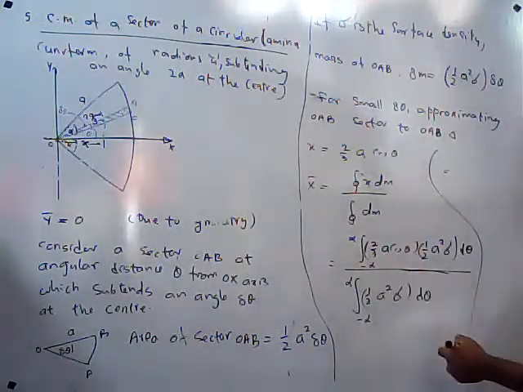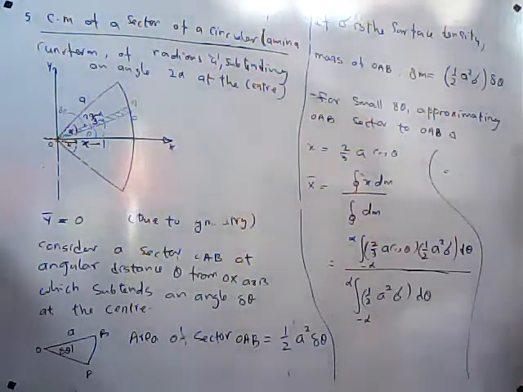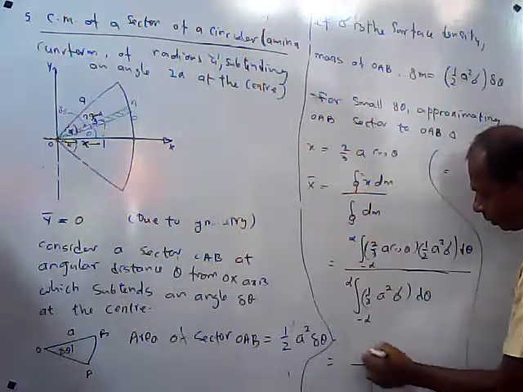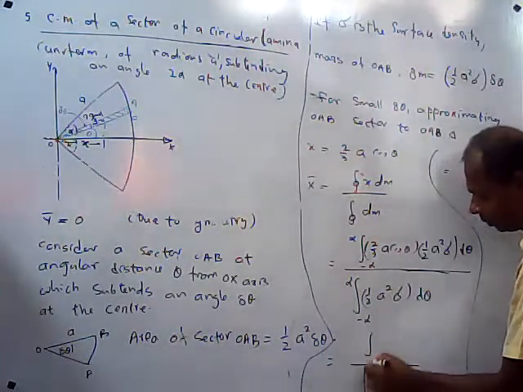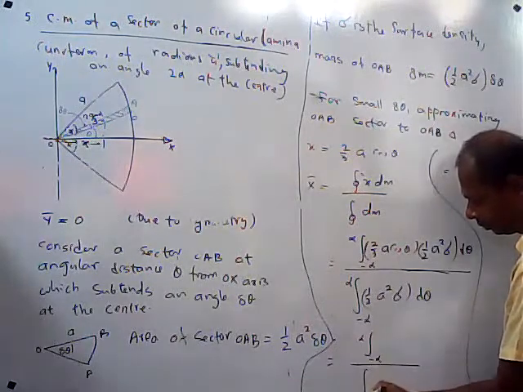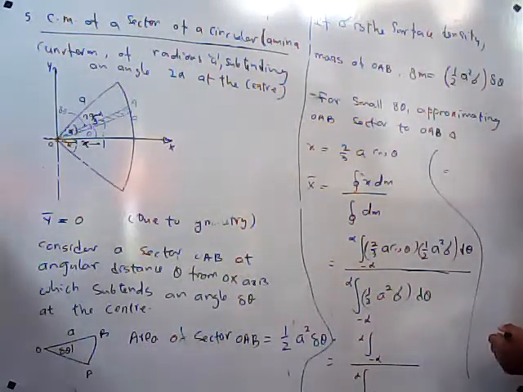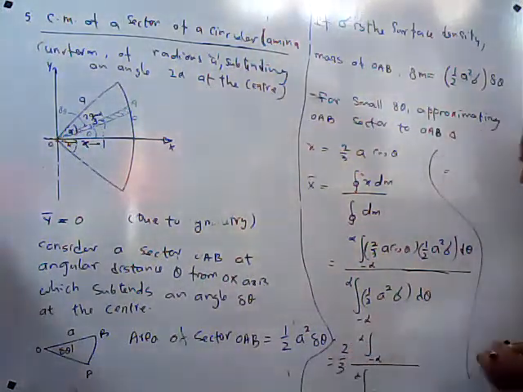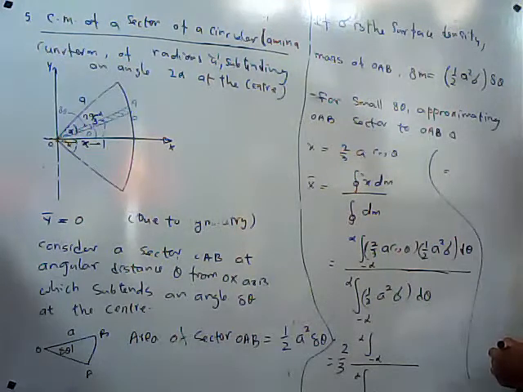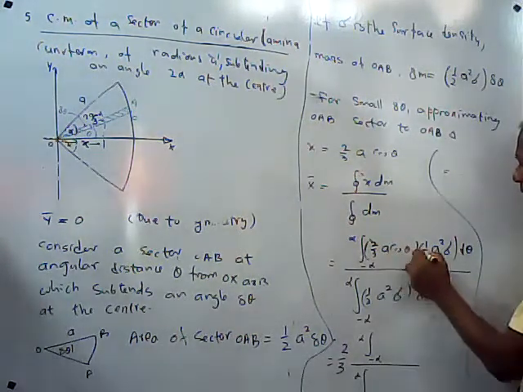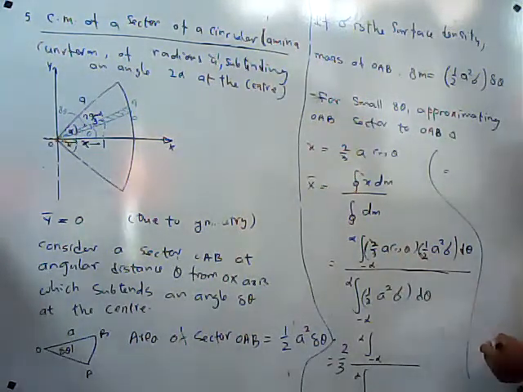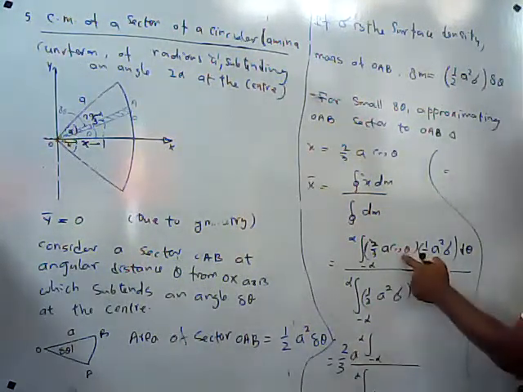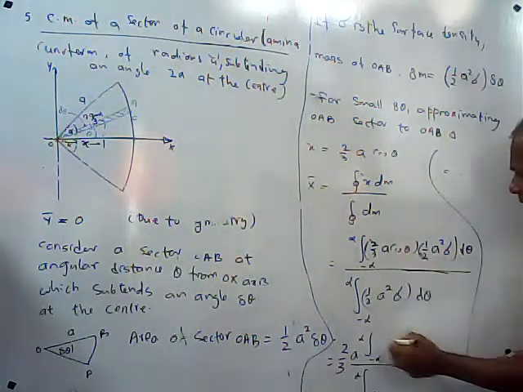Take the constants out. You get 2 over 3 a, within brackets cos theta d theta.